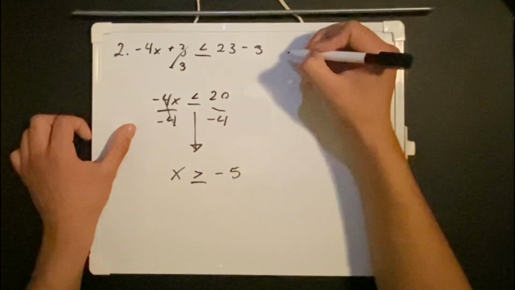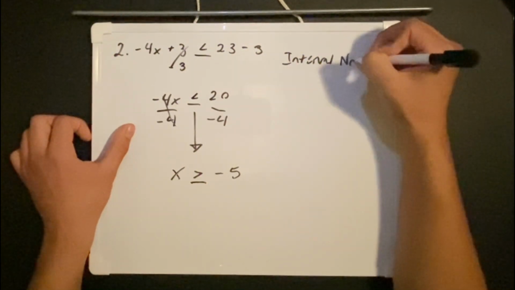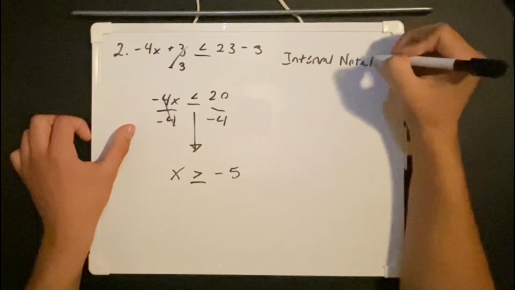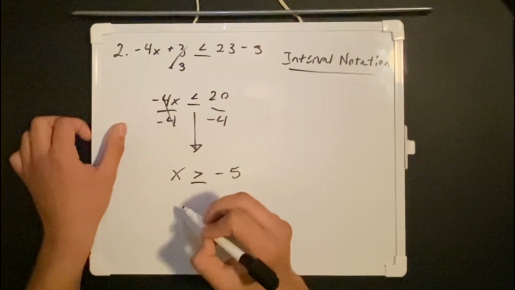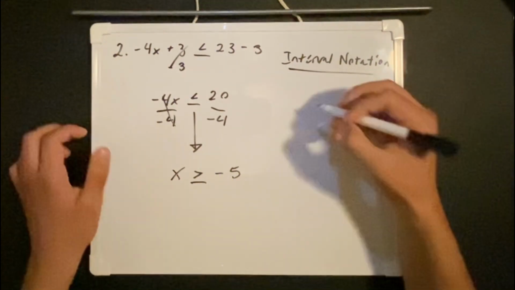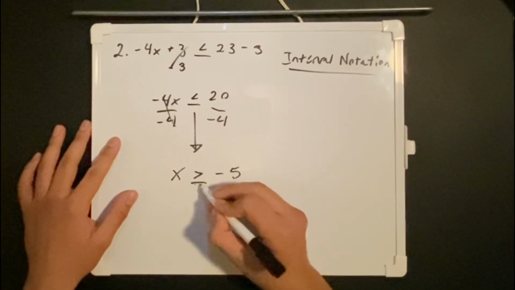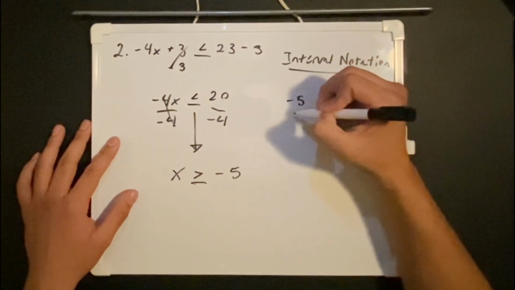We're not done yet because we still need to write it in interval notation. Okay, so we know that X is greater than or equal to -5. And since it also has this sign, we know that -5 will be included, and it's also our least value.